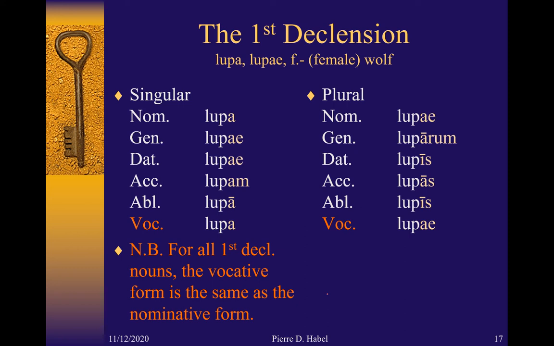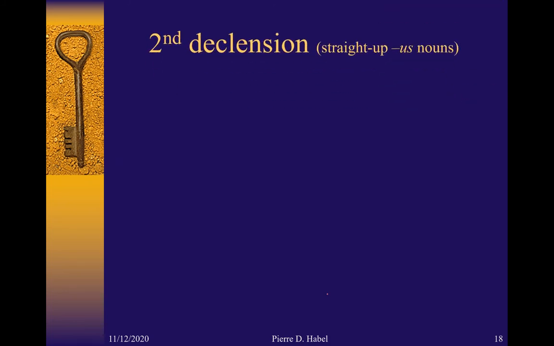All right, now we need to move on to a typical second declension masculine noun that ends in US. I call them straight up US nouns, like amicus or animus or lupus, a masculine wolf, or equus, horse, or servus, meaning slave.